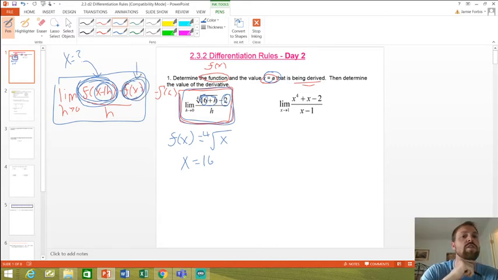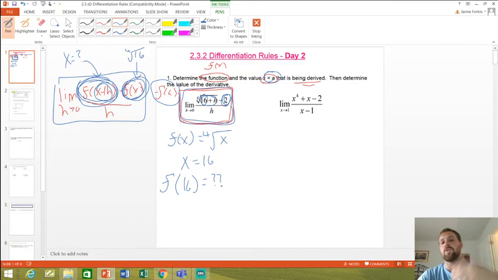Well, this is minus the fourth root of 16. That's what f of x means. In this case, we're plugging in f of 16, which is 2. So there it verifies it. Okay. So we got f of x, we got the point at which it's being derived, and now we can actually figure out what f prime of a is, or f prime of 16.